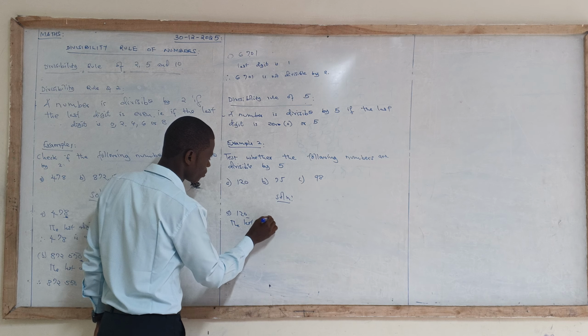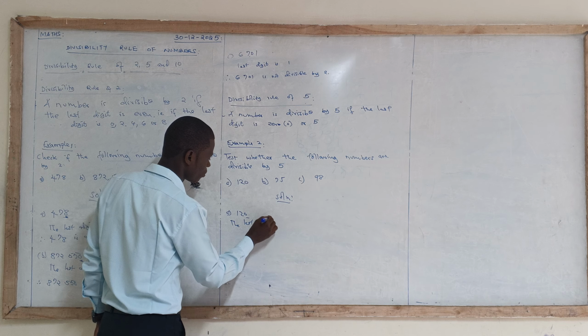And here, the last digit is 8, meaning that the number is not divisible by 5. So you say that 98 is not divisible by 5.